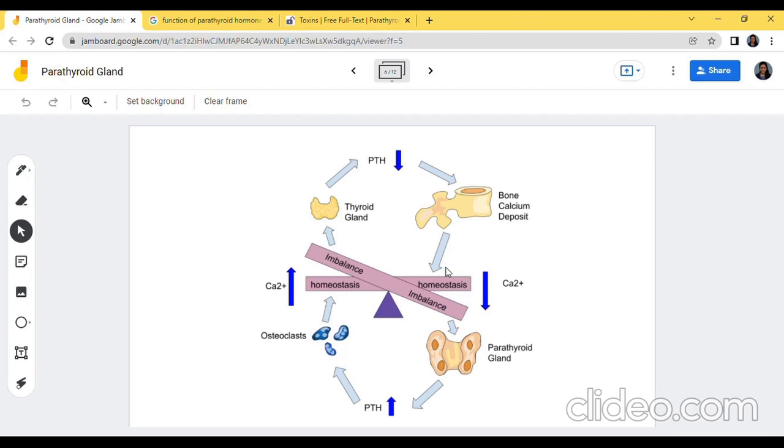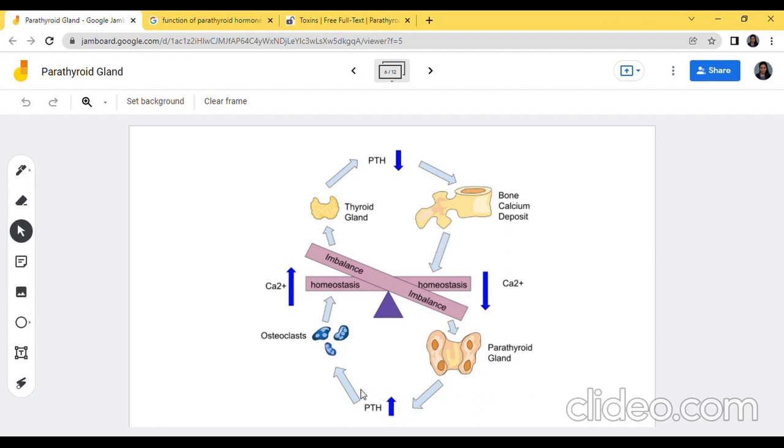And if the calcium level is low, the parathyroid gland will secrete parathyroid hormone. So there will be increased production of parathyroid hormone.